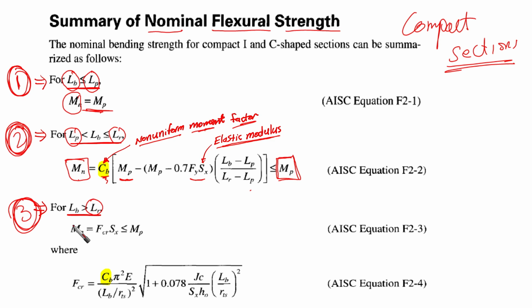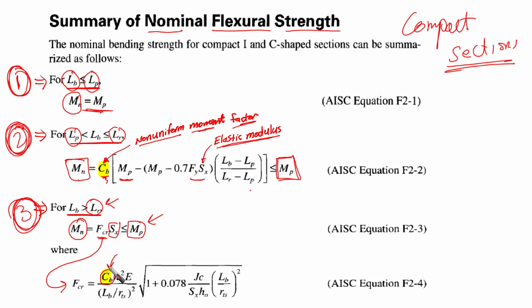If our unbraced length is larger than LR, the proportional limit, then our nominal flexural strength is going to be FCR times SX, and it should always be less than MP. This FCR also has CB, the contribution of the moment gradient.